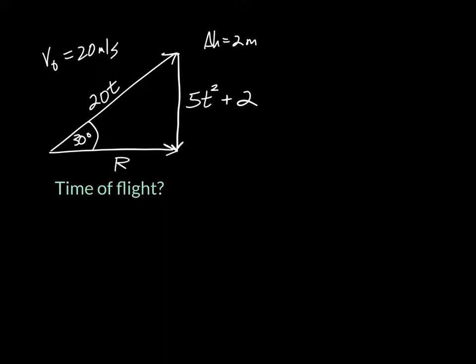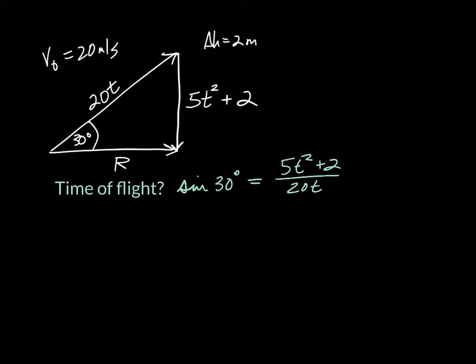Well, if I want to know the time of flight, I'm going to have to pick a relationship that will give me the time of flight from this. And so the sine relationship will give me that. So sine of 30 degrees would be the opposite, 5t squared plus 2, over 20t.